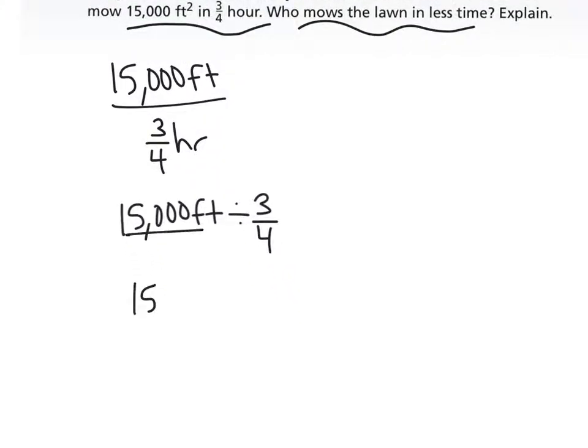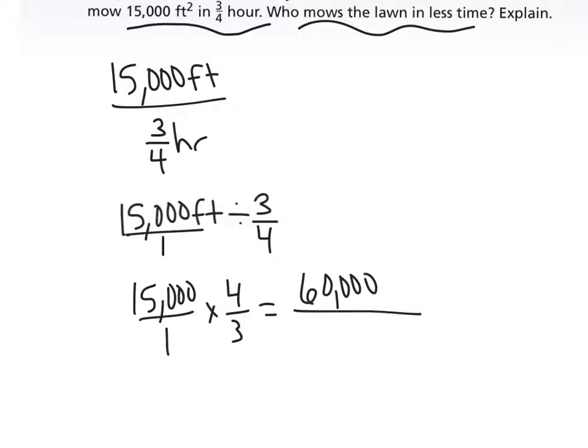So that's like 15,000 over 1. Keep, change, reciprocal. And we're doing feet divided by hours, so our answer is going to end up being in feet per hour. So if we divide that out, it would be 20,000, which means 20,000 square feet per hour.